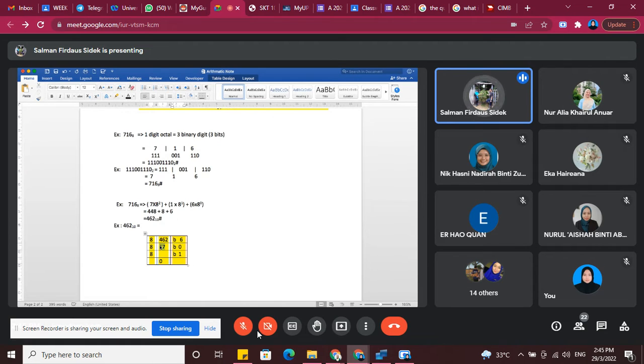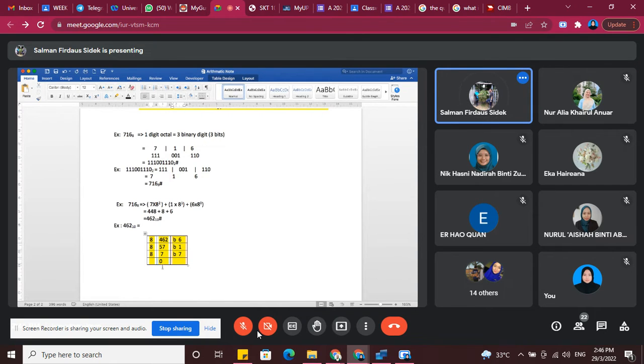So 57 times 8 plus 6 gives us 462. The balance is not enough for another 8, so we take the remainder, and it has no point. Then 57 divided by 8: 7 times 8 is 56, with a remainder of 1. 56 plus 1 is 57. Then 7 divided by 8, we cannot divide because it is zero, remainder 7. The balance is 7.